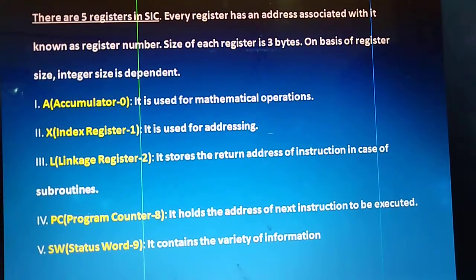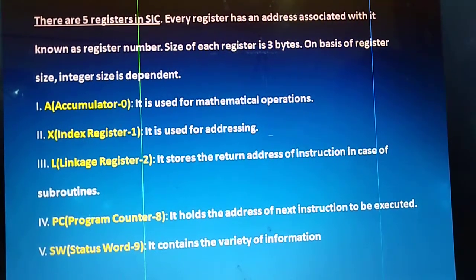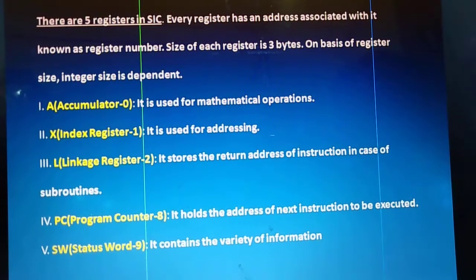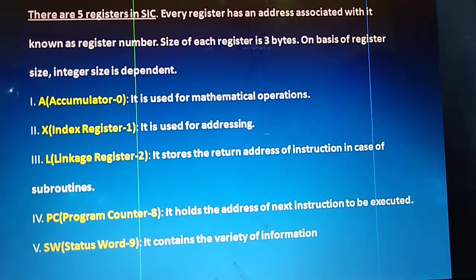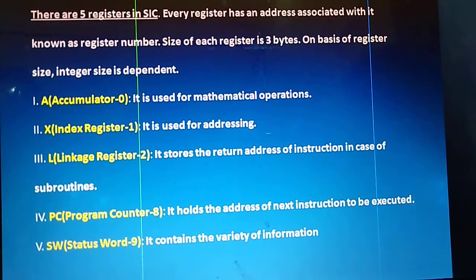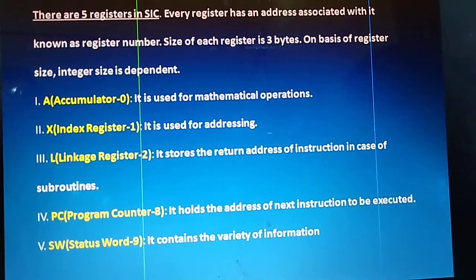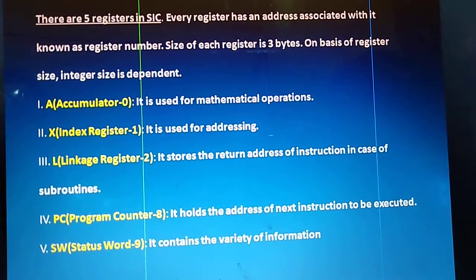Program counter PC holds the address of the next instruction to be executed. It is always the responsibility of the program counter to get ready with the next instruction to be executed. Status word, that is SW, contains a variety of information.